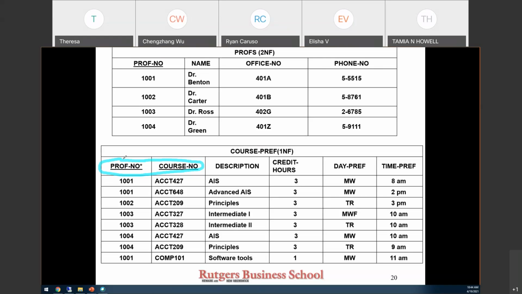But the only fields that depend on both these two attributes are day preference and time preference. These two non-key attributes are fully dependent on the composite primary key.